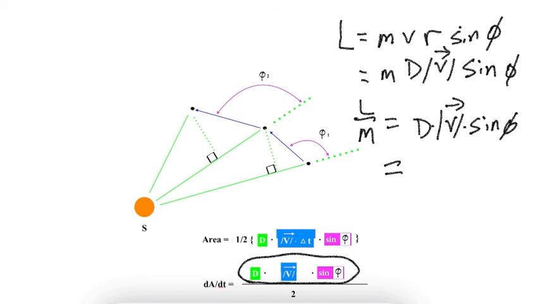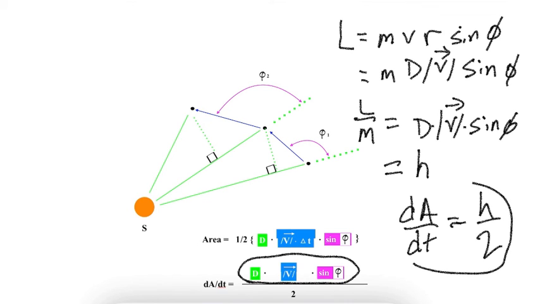And furthermore, this value is often given the name specific angular momentum, L divided by m, and we can designate it with the letter h. So what we've shown here is that dA over dt equals h over 2. And this will be a very important formula as we proceed through the entire set of proofs.